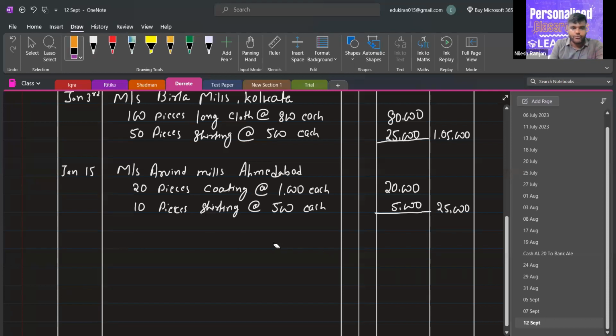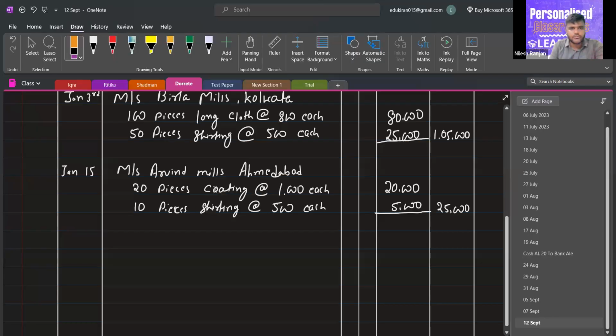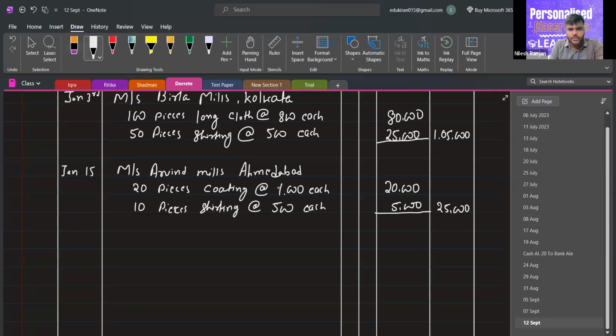Okay, so now we have to total it. Actually, it is 2000. This is 2000, and this will be 40,000.